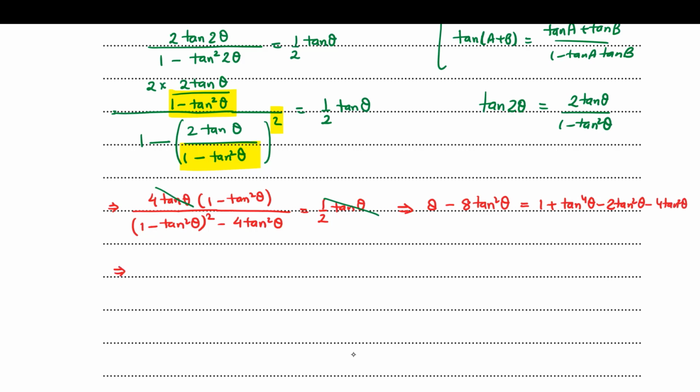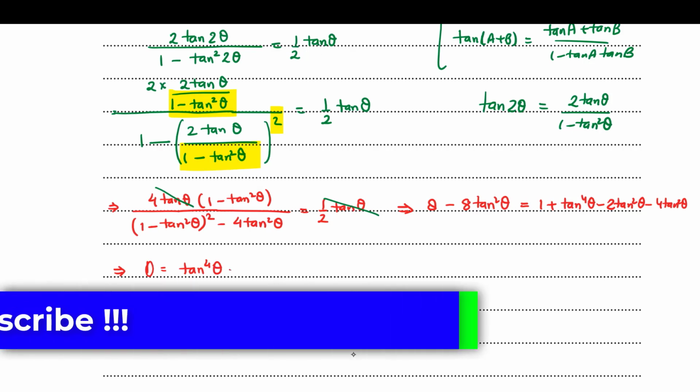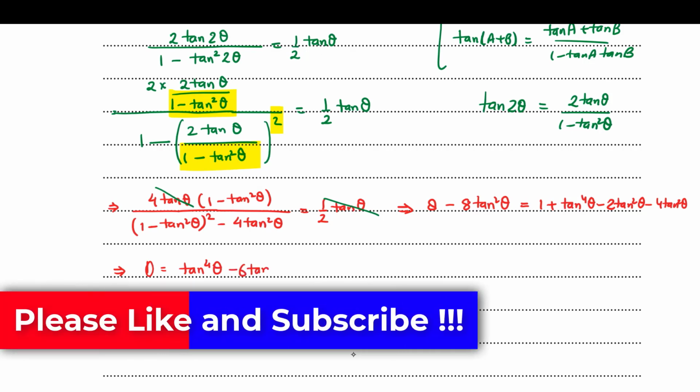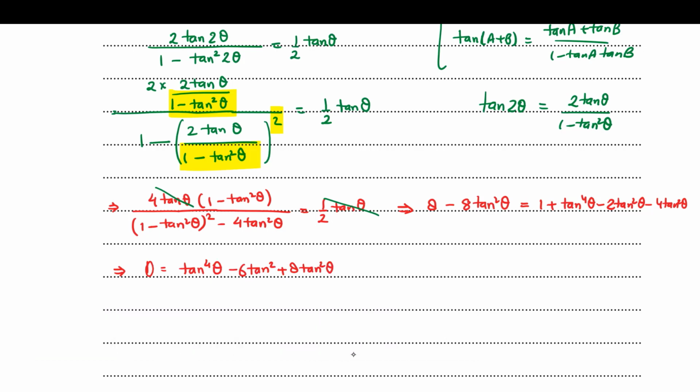Now let's take all the terms to the right hand side. So 0 equals tan power 4 theta minus 6 tan square theta plus 8 tan square theta plus 1 minus 8.